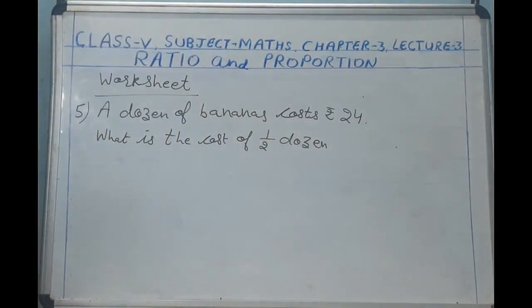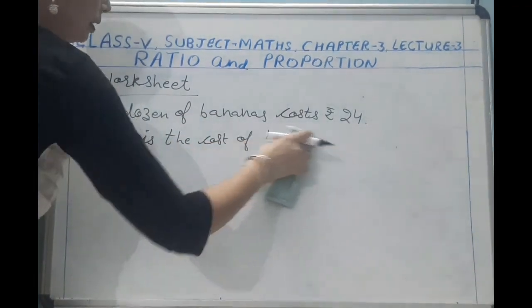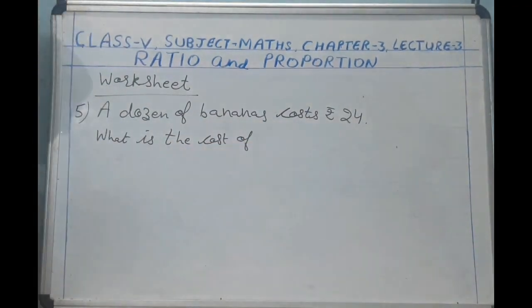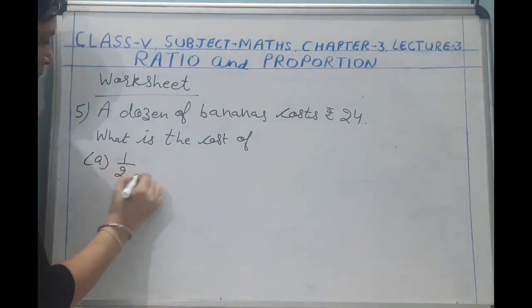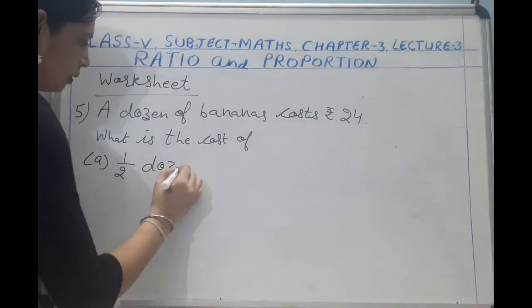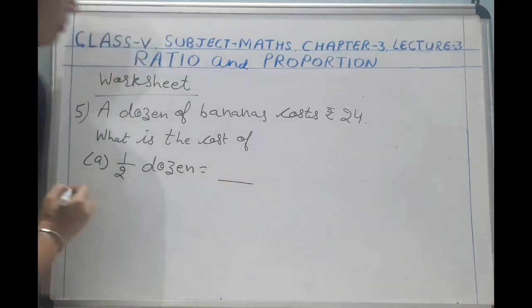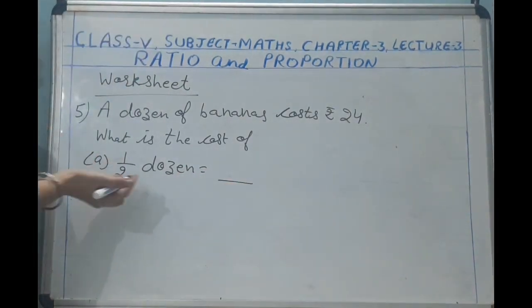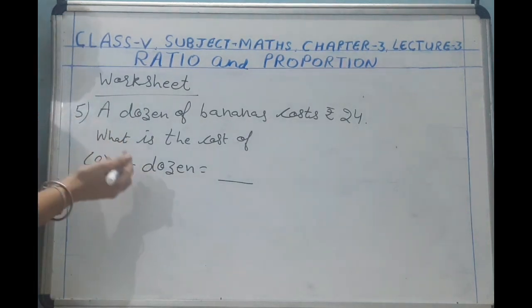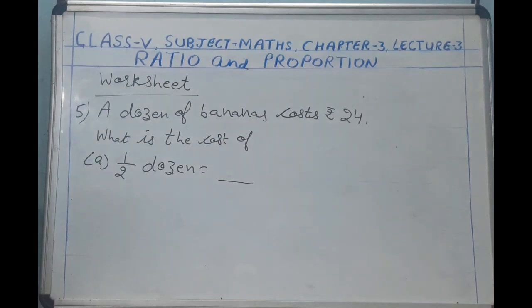It is given in your book like this: what is the cost of, and then A part, half dozen is equal to dash. It means they don't want the complete solution, they want only the direct answer. These type of questions can come for 1 mark or for half mark in the form of fill-ups or in the form of MCQs. So orally also we can do.